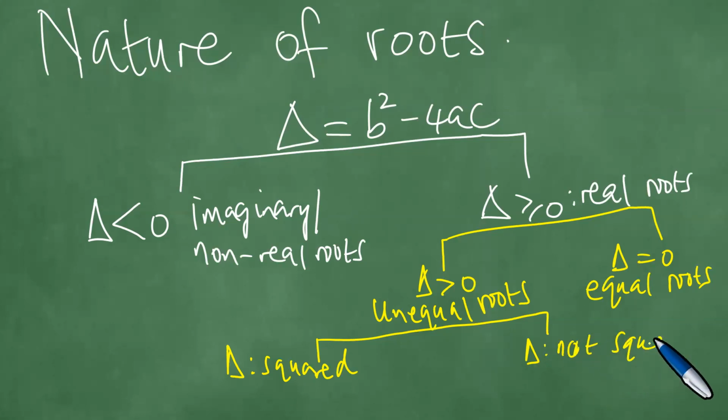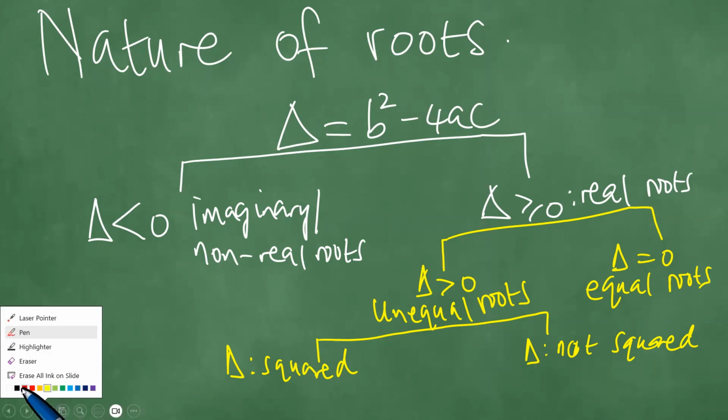Sometimes the delta is squared, sometimes it is not squared. If the delta is squared, then you have rational roots.